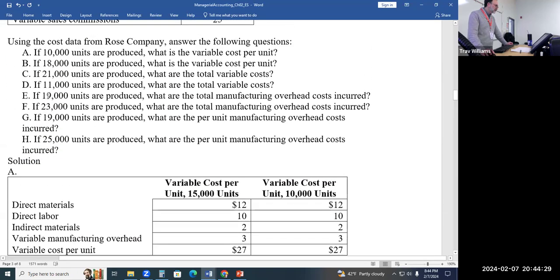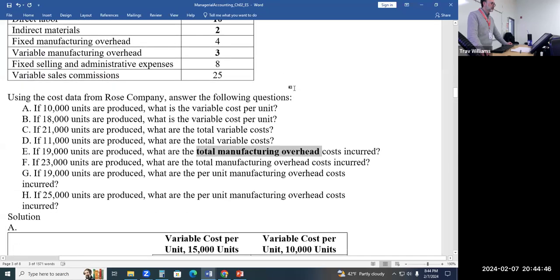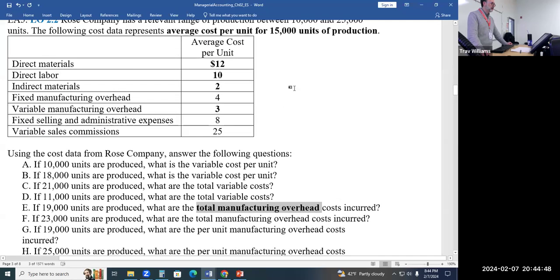E says, if 19,000 units are produced, what are the total manufacturing overhead costs incurred? Okay, now this gets a little trickier. They're asking for total manufacturing overhead. So let's look at our per unit manufacturing overhead. I mentioned that indirect materials is usually included in manufacturing overhead.